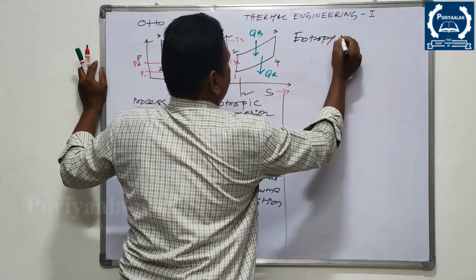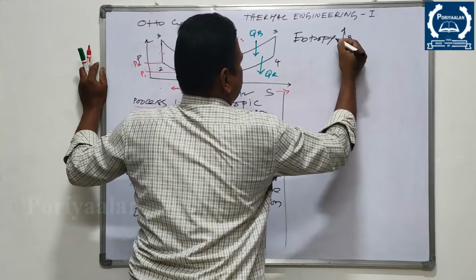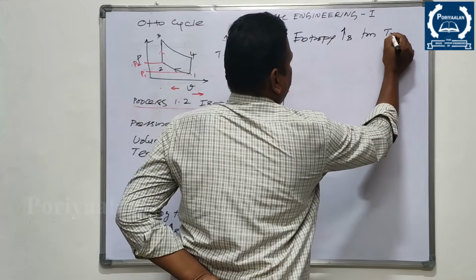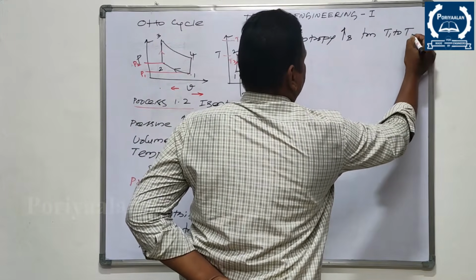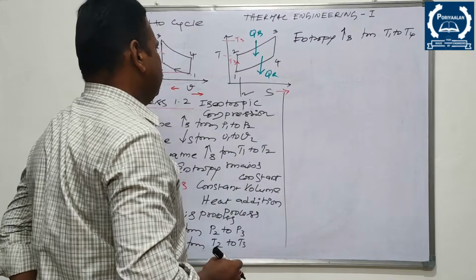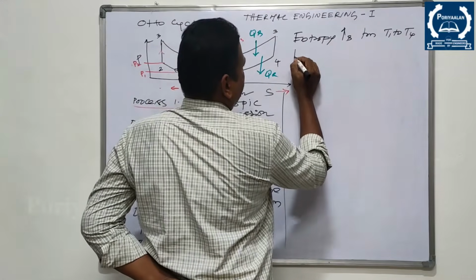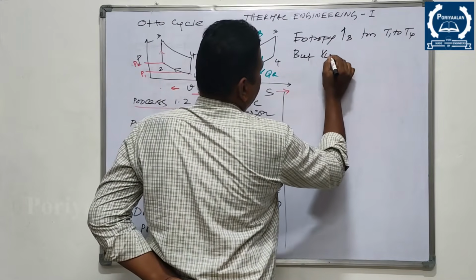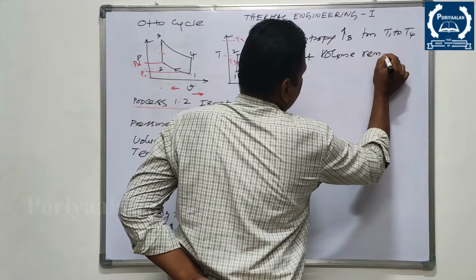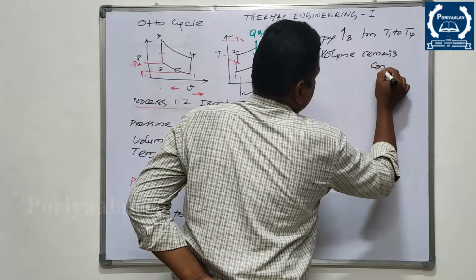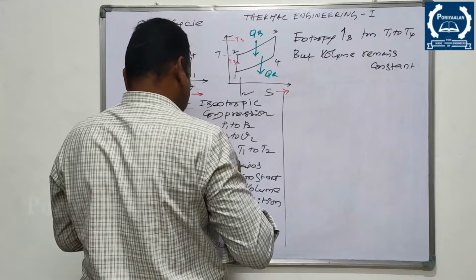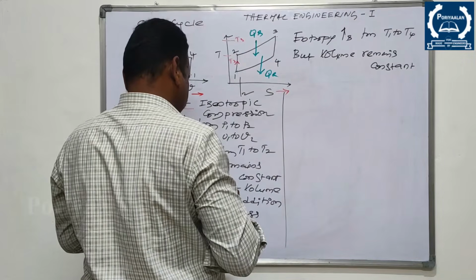Entropy also increases from S2 to S3, right? But volume remains constant, right?